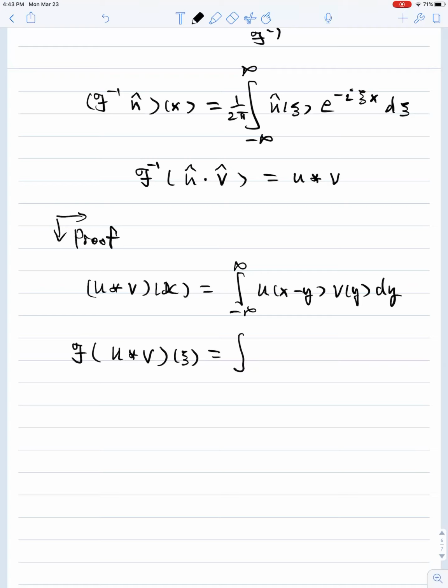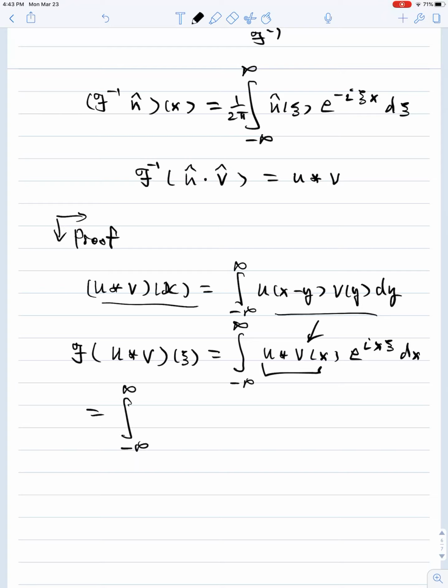This is an integral from negative infinity to positive infinity of (u*v)(x) e^(iξx) dx. Applying the formula into this term, this would be the integral of u(x-y) v(y) dy, times e^(iξx) dx.